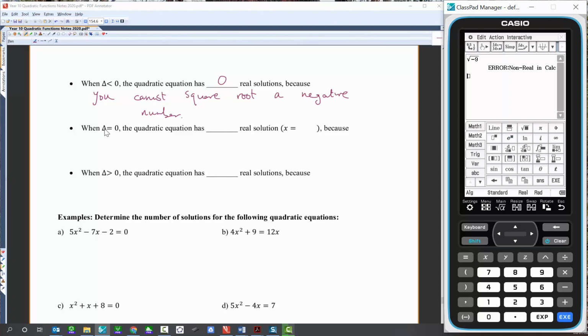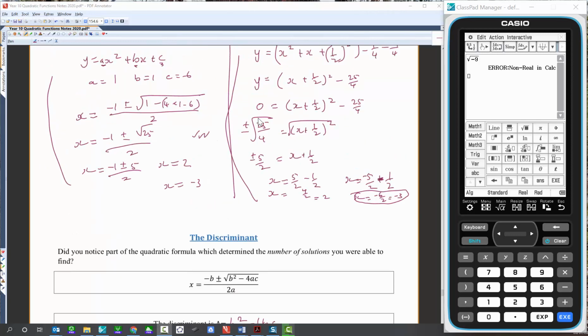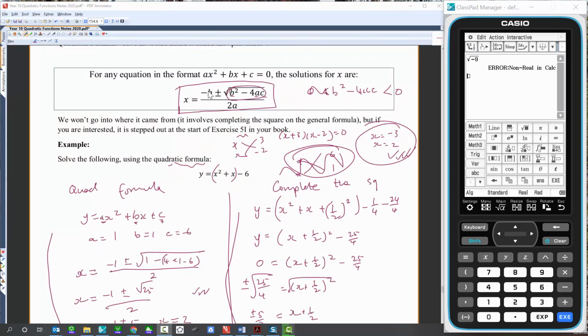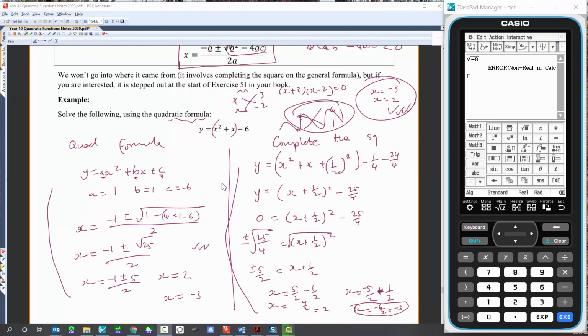When the discriminant is equal to 0, the quadratic has one real solution, and the solution will be x equals negative b over 2a, because that square root part becomes 0, so it gives us one solution only.